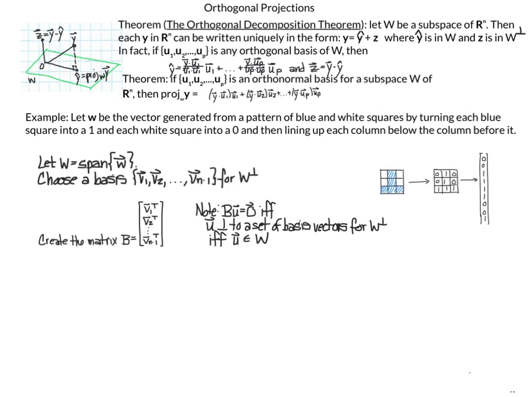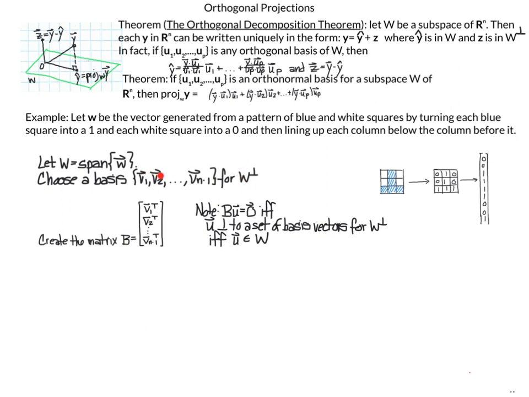So the idea is if we want to recognize this symbol here, which your book is calling the perp symbol because it looks like W perp, the perpendicular symbol, we create W, our vector generated using these instructions, and we let our subspace capital W equal the span of this vector W. Then we're going to choose a basis, V1, V2 up to Vn, for W perp.